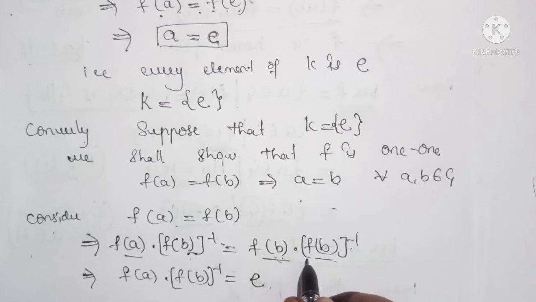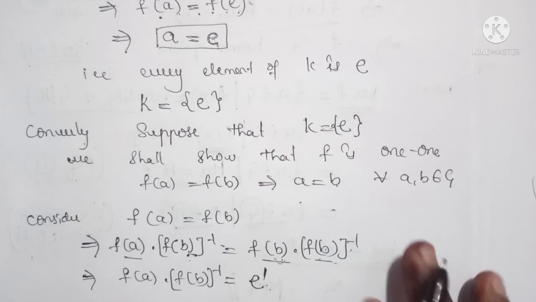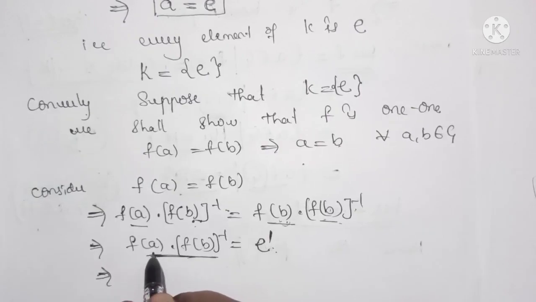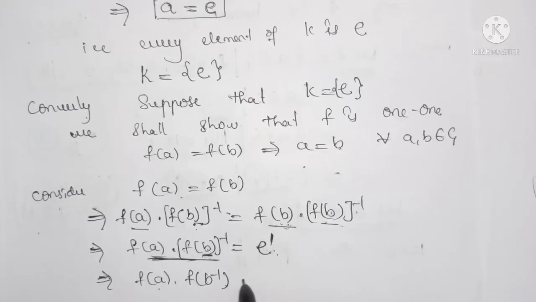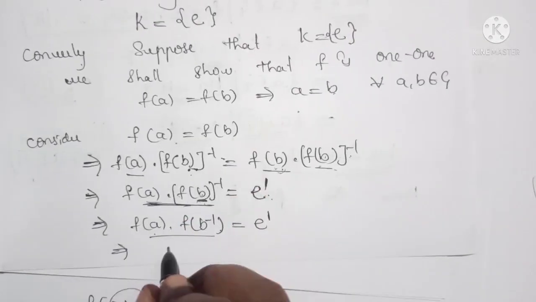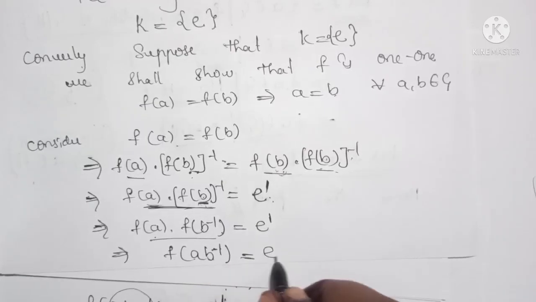Since f of b and f of b inverse are elements of G dash, it equals the identity element of G dash, that is e dash. Therefore, since f is a homomorphism, f of a into f of b whole inverse can be written as f of a into f of b inverse, which equals f of a b inverse, equals e dash.